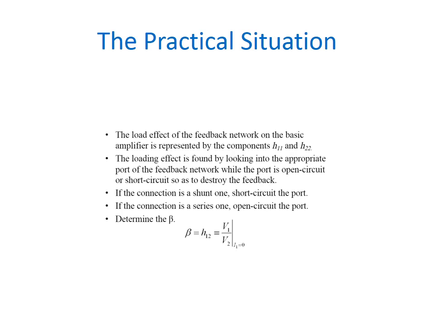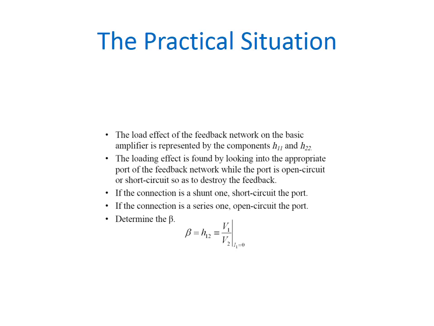The loading effect is found by looking into the appropriate port of the feedback network while the port is open circuit or short circuit so as to destroy the feedback. If the connection is a shunt one, then short circuit the port. If the connection is a series one, open circuit the port.